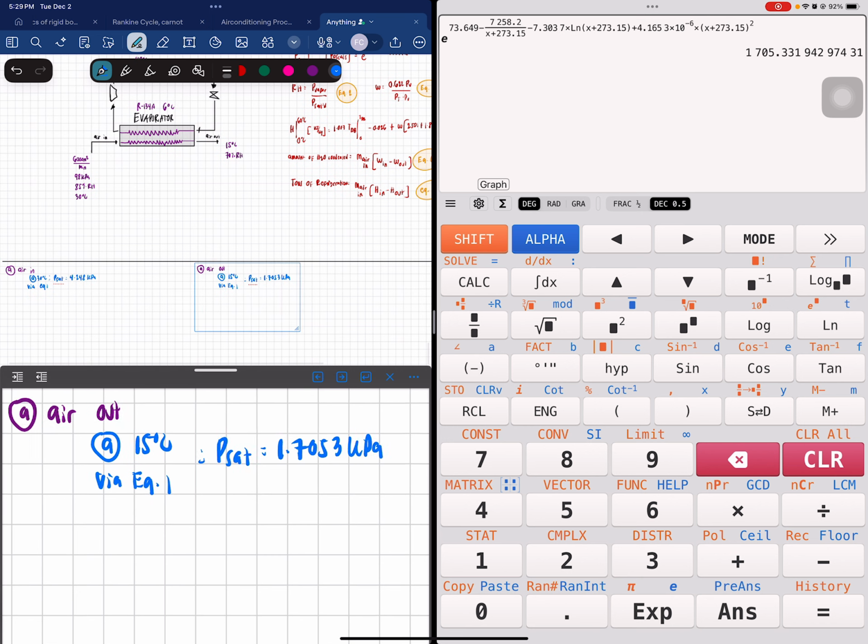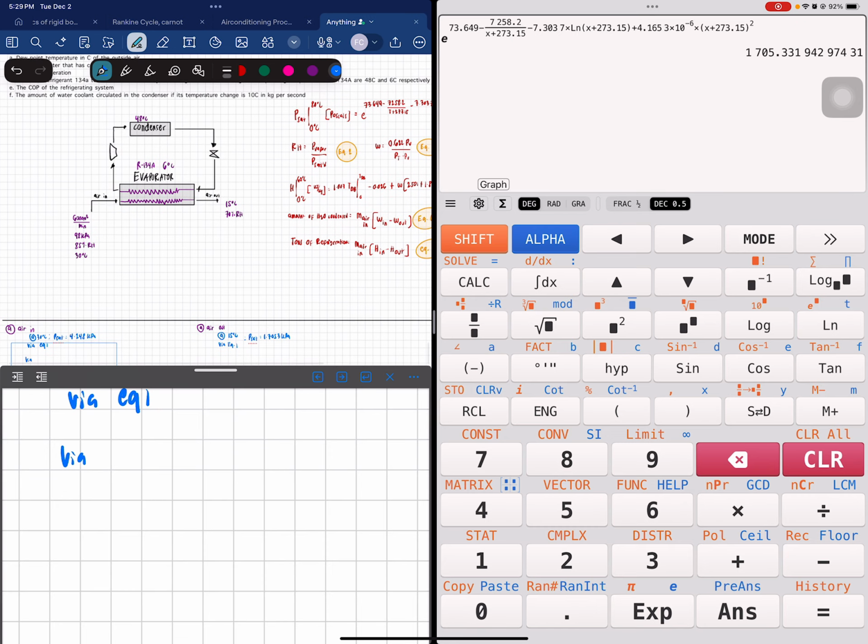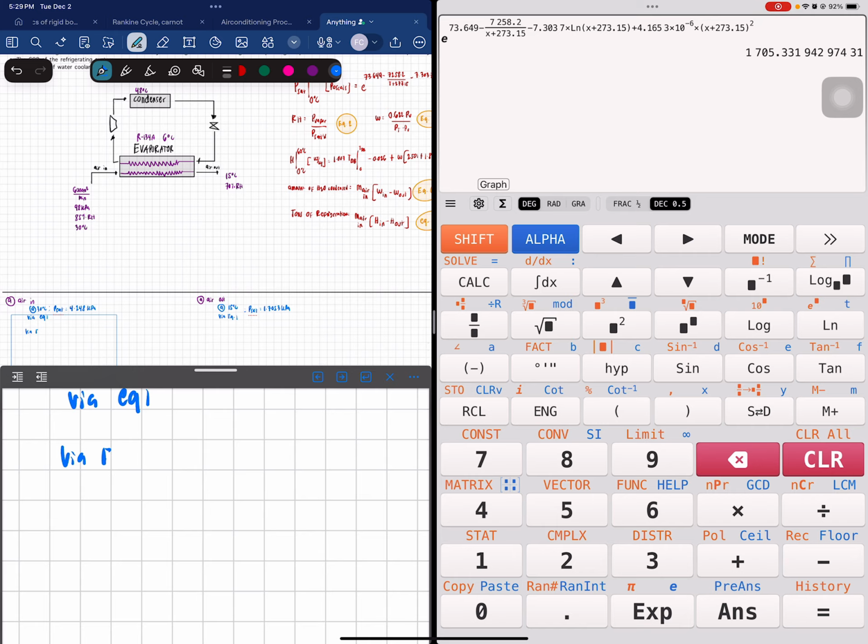What else? Via equation 2, at 0.85 RH, and P sat equals 4.248 kilopascals.